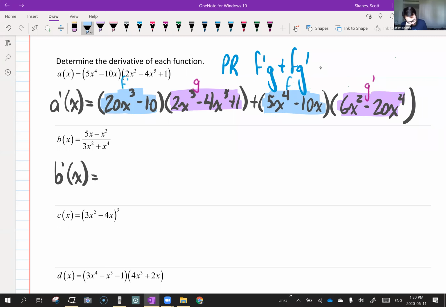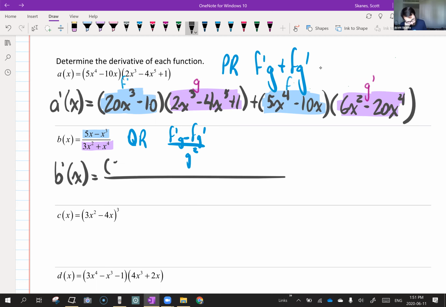The next one, B here, is quotient rule. I'll write it down clearly. F prime G minus F G prime, all over G squared. So let's see what this gives us. We have 5 minus 3x squared.